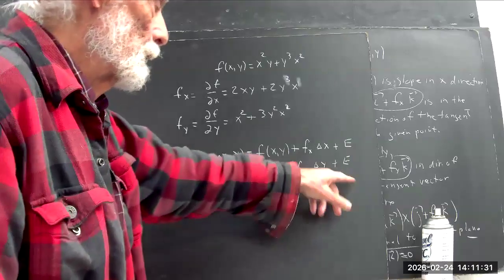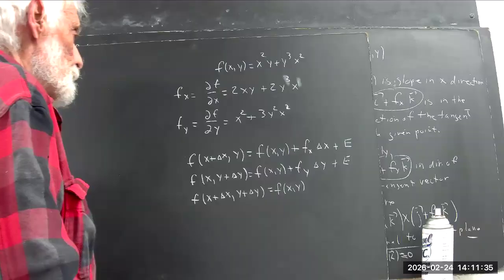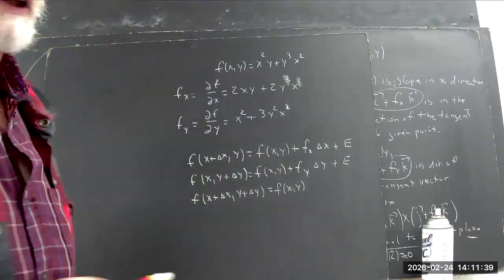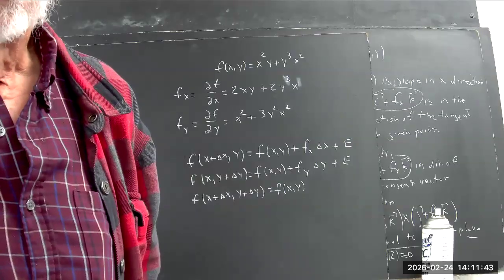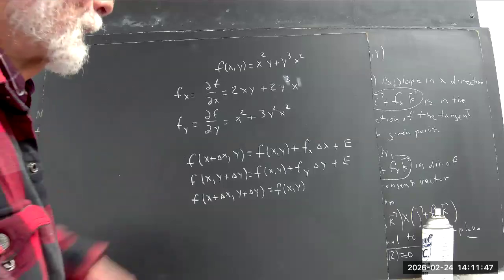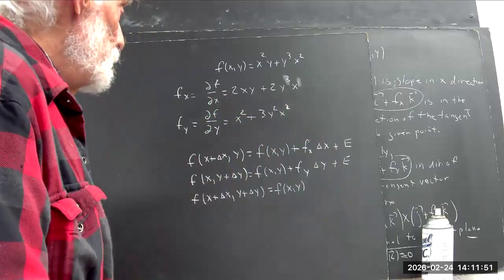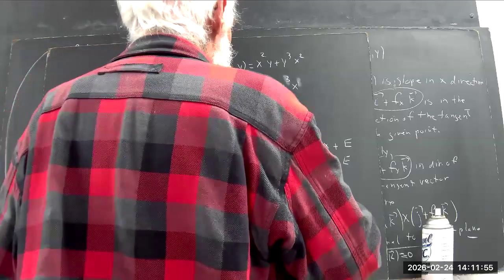And this E is not the same as this E. E just says there's some error, and the error gets bigger as delta x or delta y, or both of them, get bigger. A small error if delta x is small, because you're close to the point and you're not far from f of x, y.